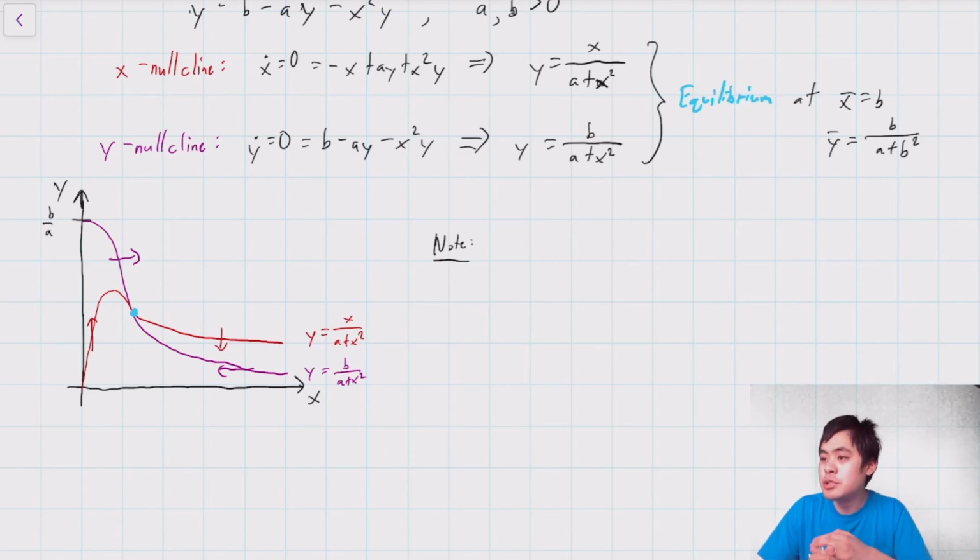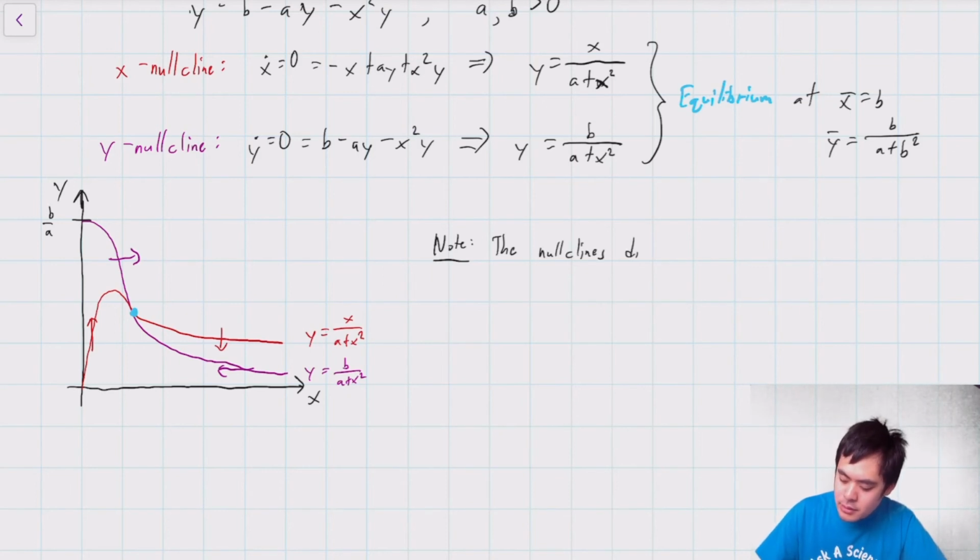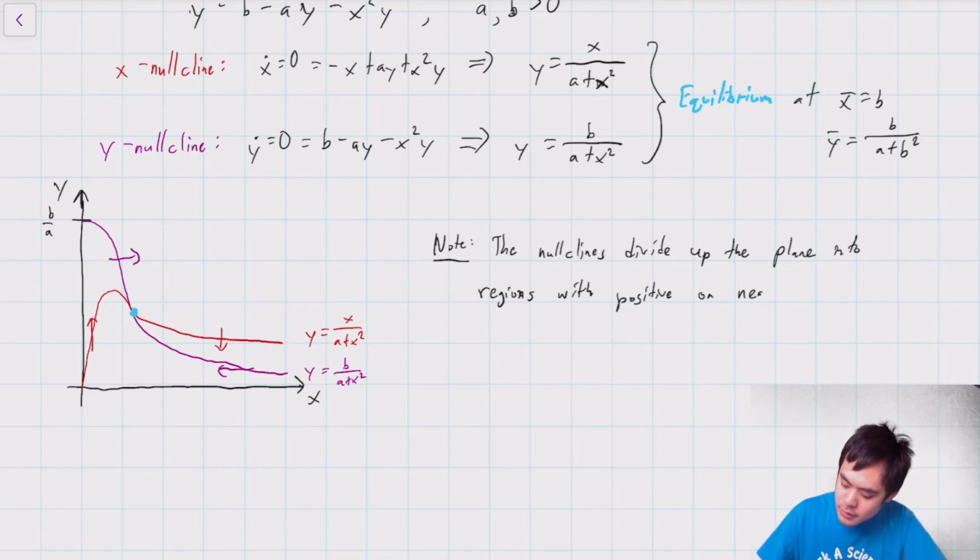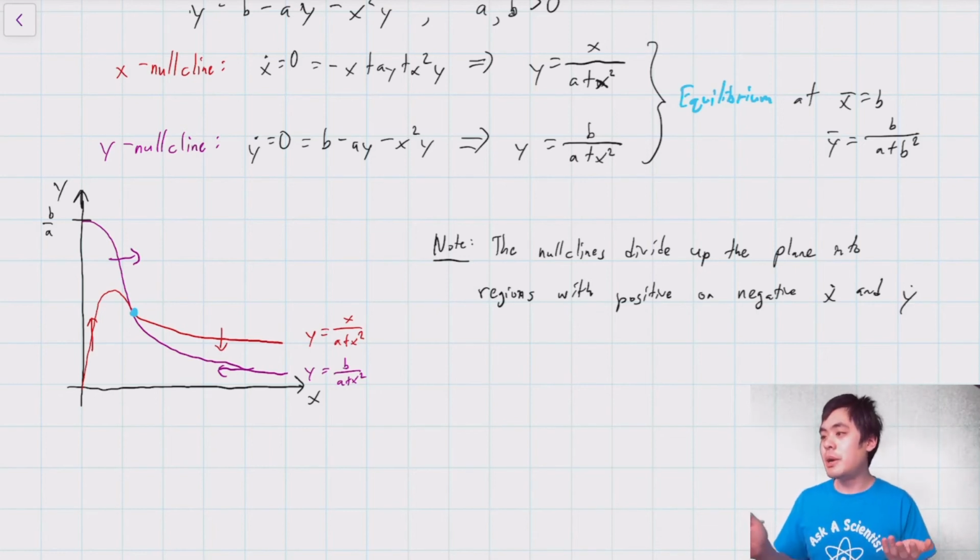Since we assume that there are continuous partial derivatives for x dot and y dot with respect to x and y, what you know is that the nullclines divide up the phase plane into regions with positive or negative x dot and y dot. Because it can't switch from positive to negative except precisely when you cross one of these nullclines.